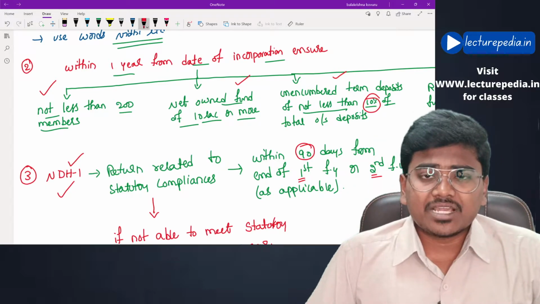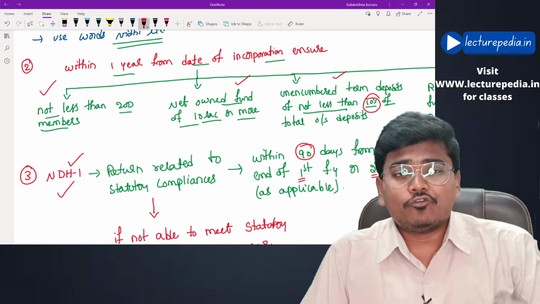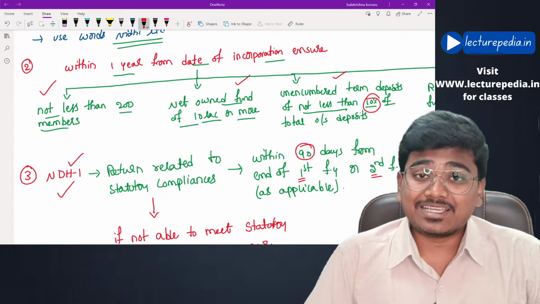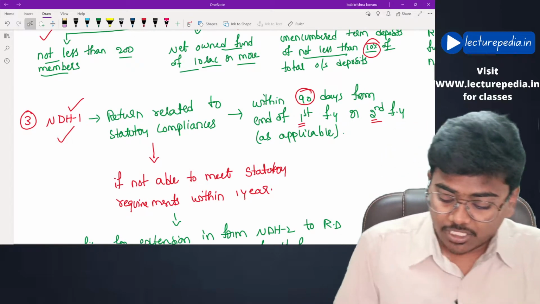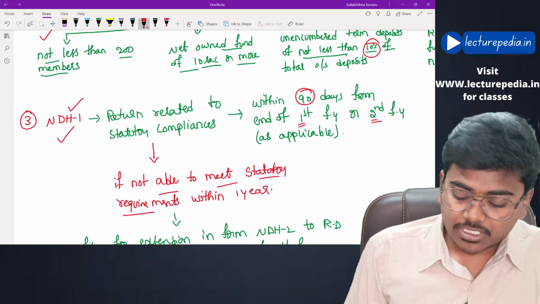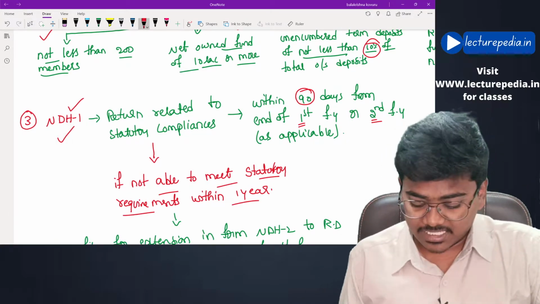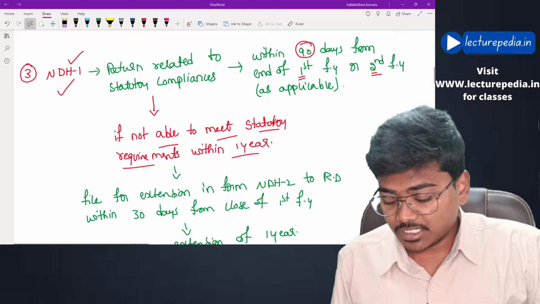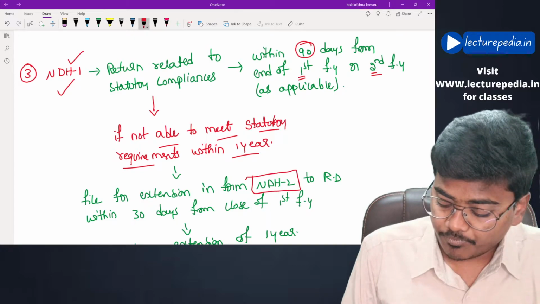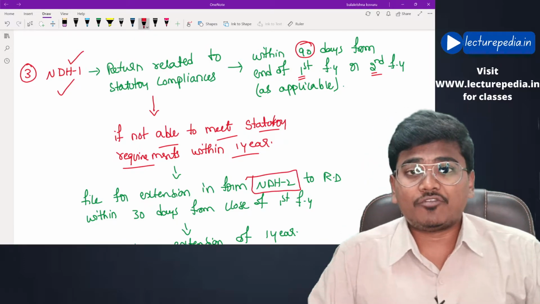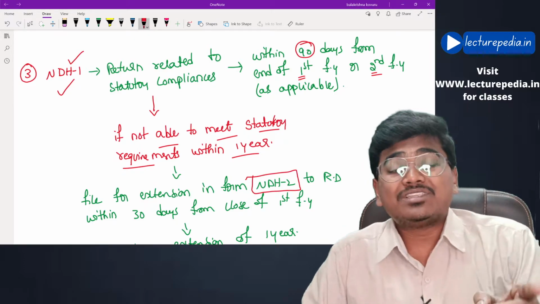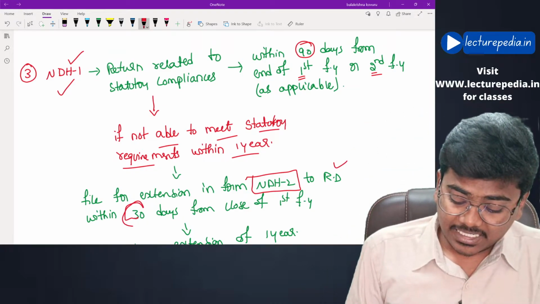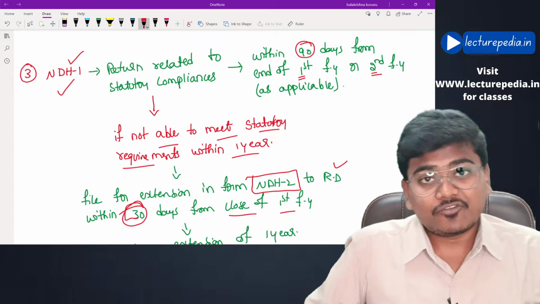If the Nidhi company fails to fulfill those 4 requirements within 1 year, that is, if it is not able to meet the statutory requirements within 1 year, it can file for extension in form NDH2. With whom do you have to file the NDH2? With the regional director, within 30 days of the close of the first financial year.